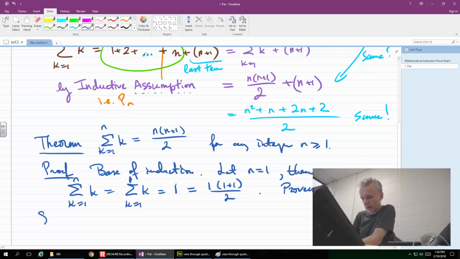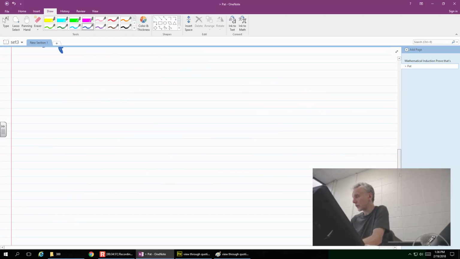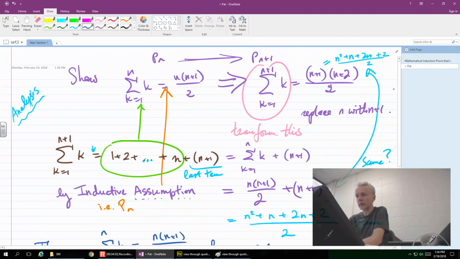Okay, now the step of induction, which is what we just did. This part is devoted to the step of induction, progressing from Pn to Pn plus 1.